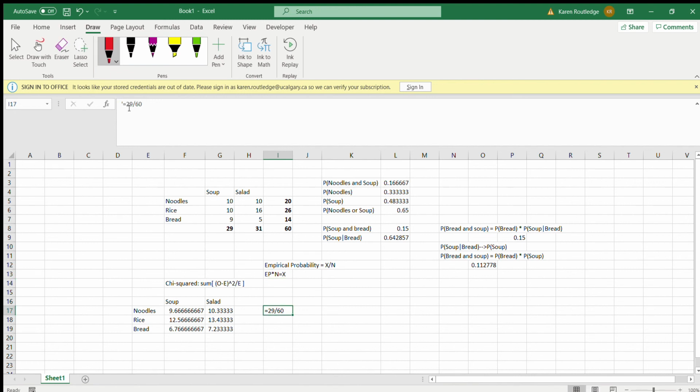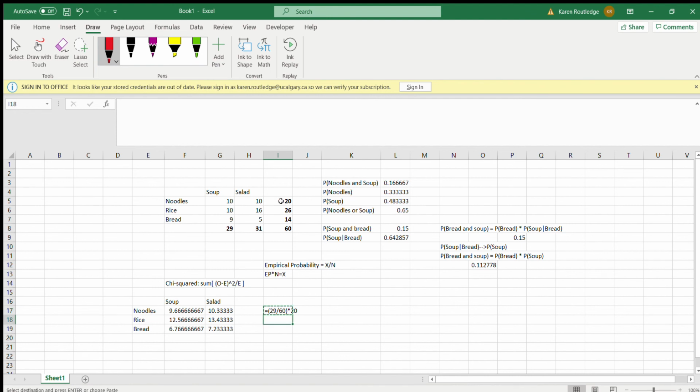So this is the first part of what we did. This was our probability of soup. That's our EP, our empirical probability. And then we need to multiply times n, which is the number of noodle days, which is 20.